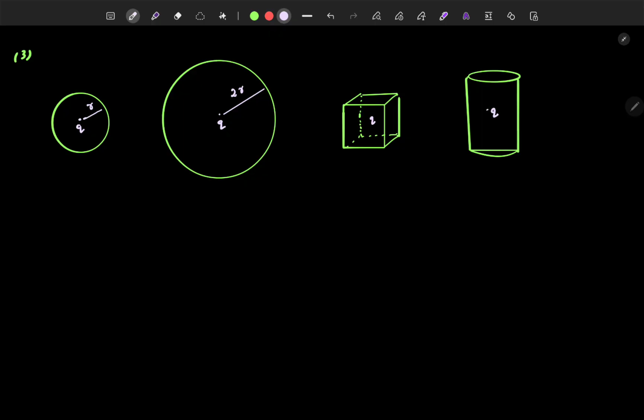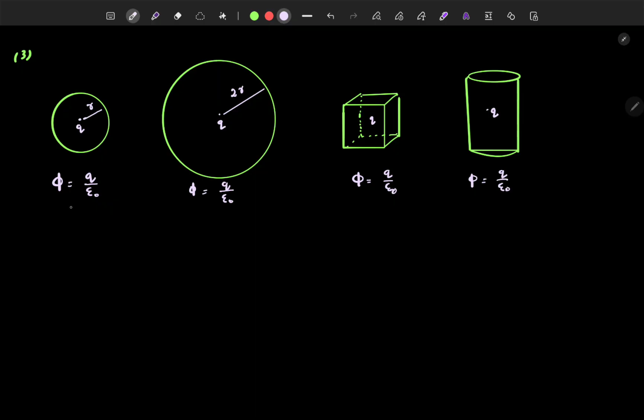So what is the value of flux in each case? All of you remember, in the first case flux is equal to q by epsilon naught. The second case also flux is equal to q by epsilon naught. In the third case flux is q by epsilon naught, and in the fourth case also flux is equal to q by epsilon naught.